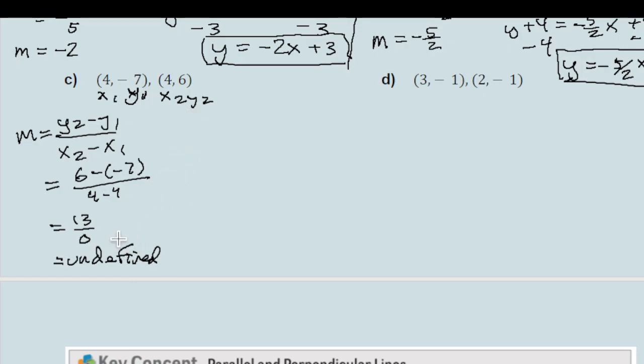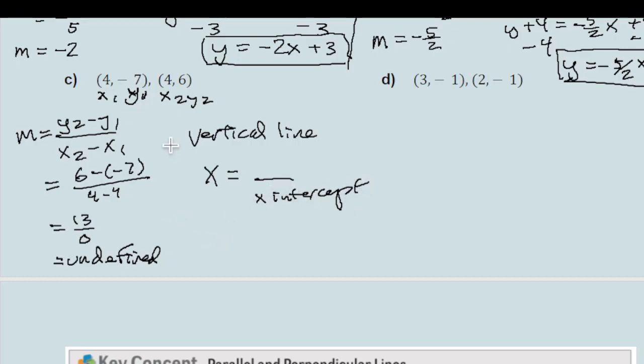So I think what we need to remember is when you have an undefined slope, you are dealing with a vertical line. We have talked about this, right? And when you have a vertical line, the equation of any vertical line is always x equals something, and it's the number of where it goes through. So it's your x-intercept, right? Not your y-intercept, your x-intercept.